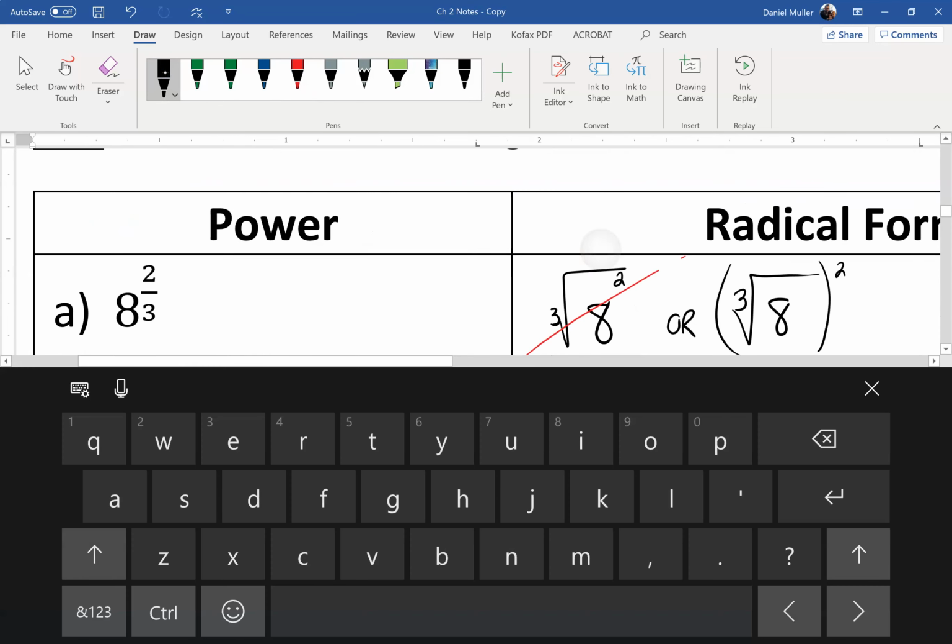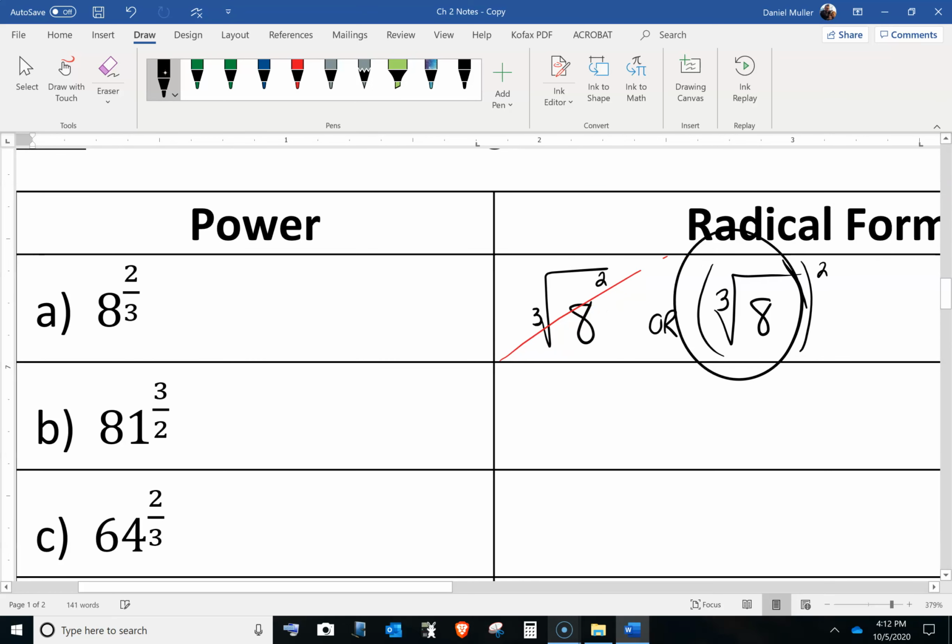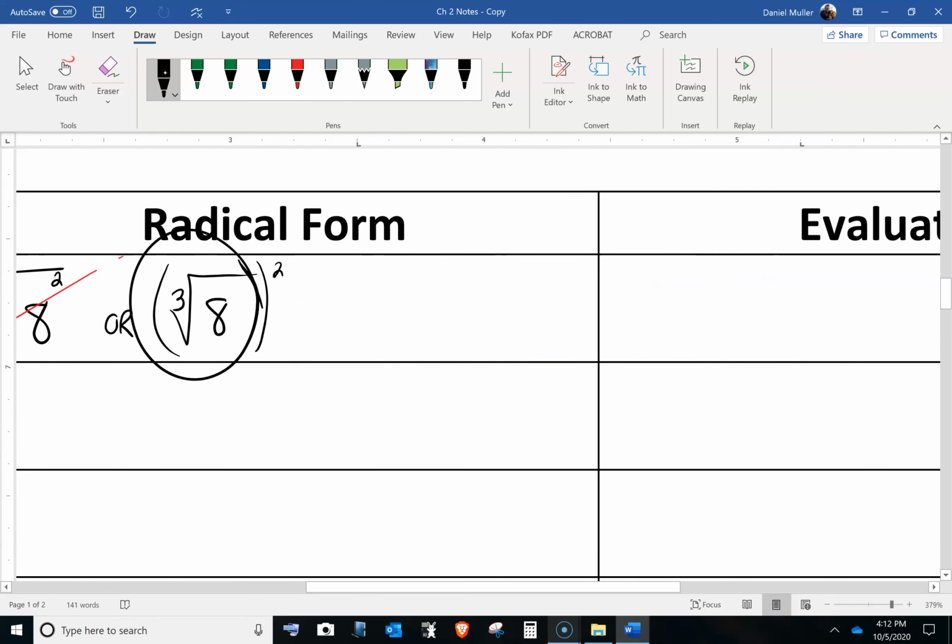So when I evaluate it, I need to do the cube root of 8, which is 2. So maybe I'll write it again. The cube root of 8, and then I'll square it.